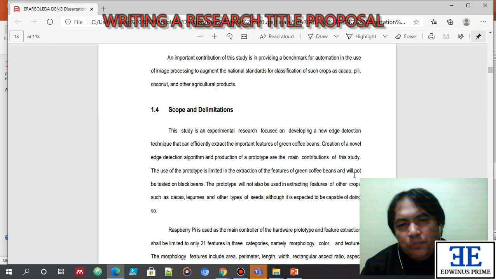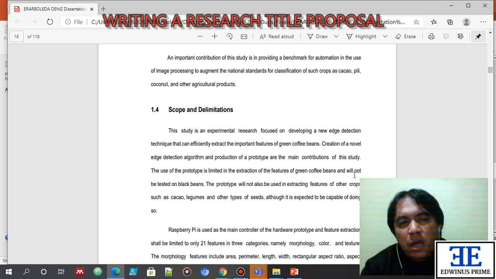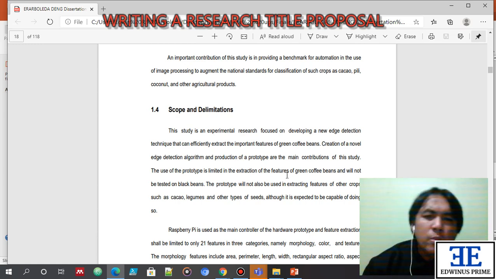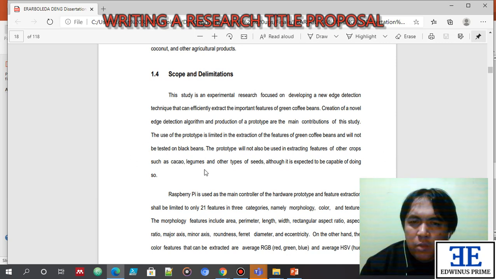And another one, the scope is about an algorithm. I intended to make my own algorithm. So this is the limitation. I said that I will focus only on green coffee beans and not on black beans. It will only focus on extracting pictures.